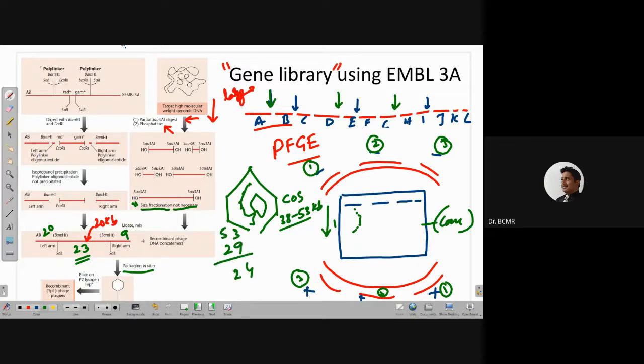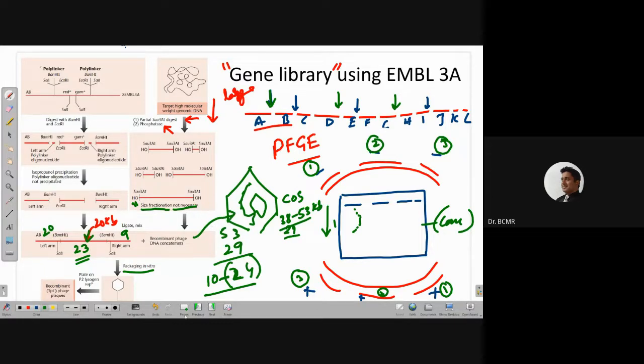So about 24, right? A maximum of 24 can be put into it, and a minimum of, say, 10. Somewhere between 10 to 24 kb of fragment can fit in between and then still be packaged. That's the important thing.